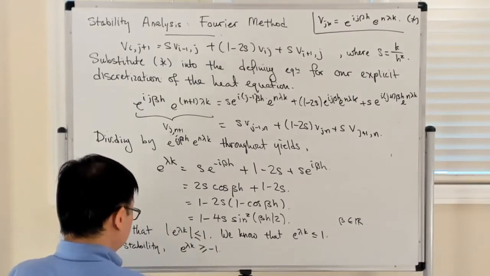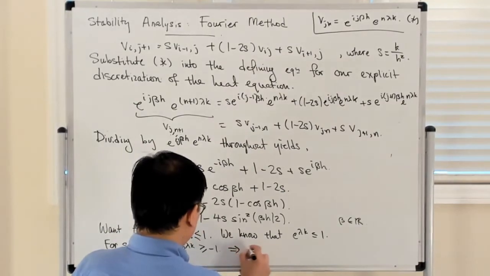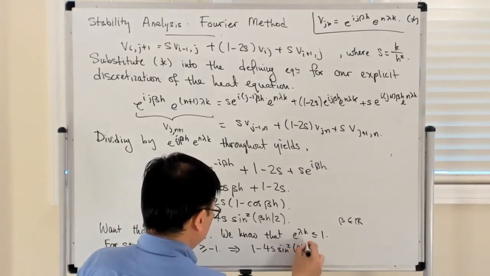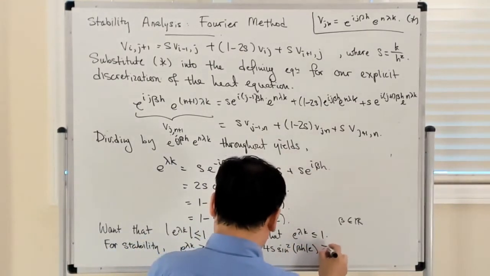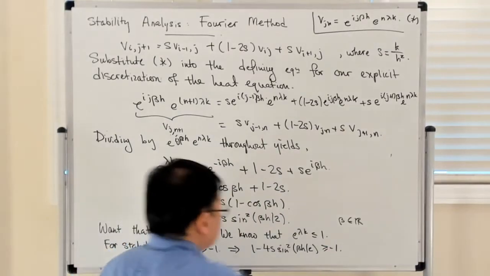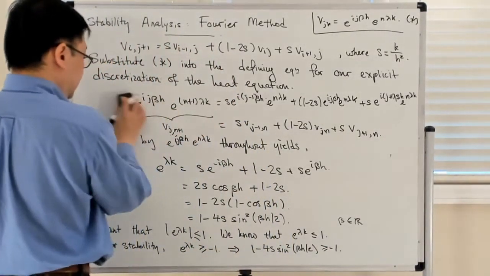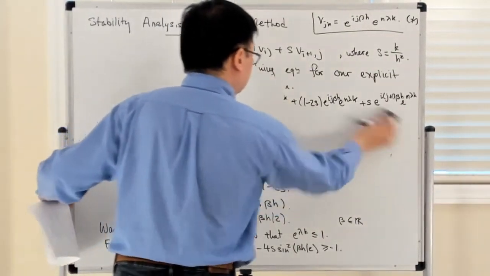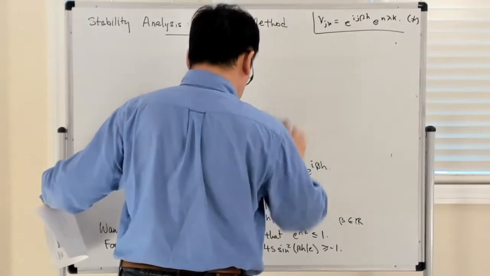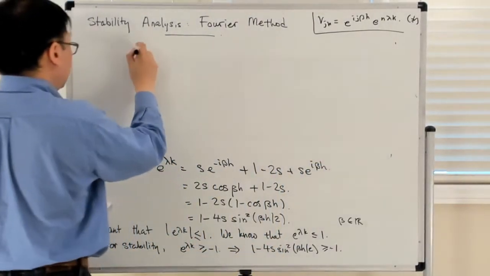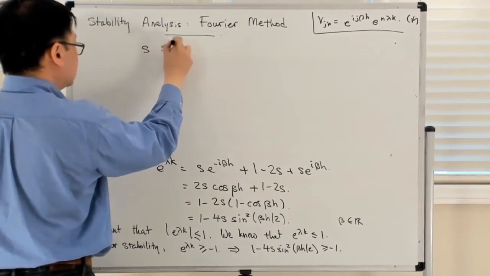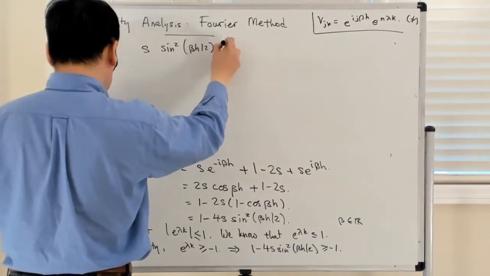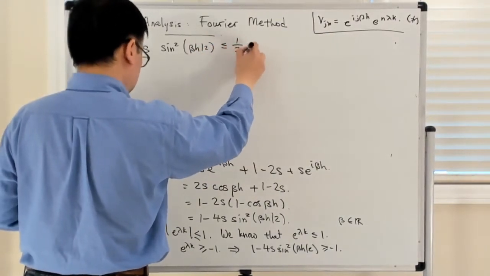So we want 1 minus 4s sine squared (βh/2) to be greater than or equal to minus 1. That gives me that s sine squared (βh/2) is less than or equal to 1/2.